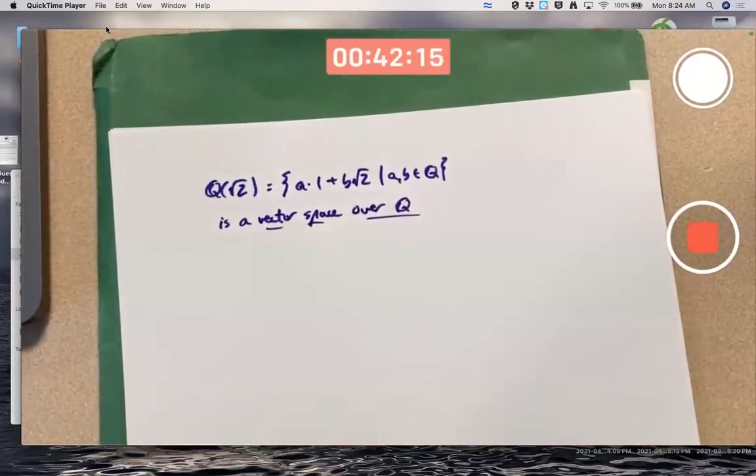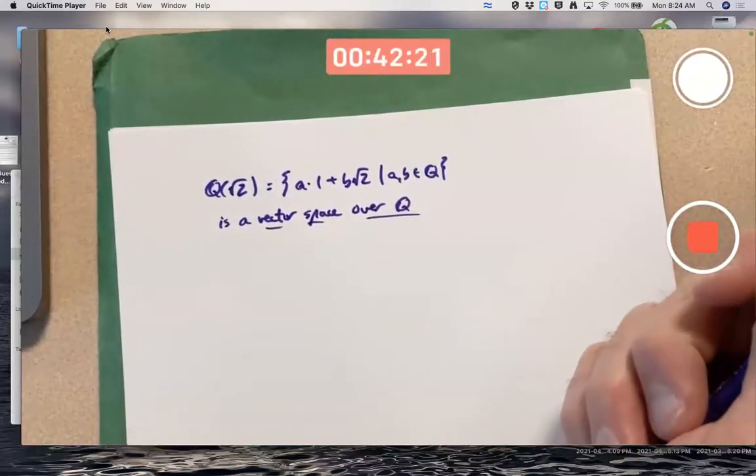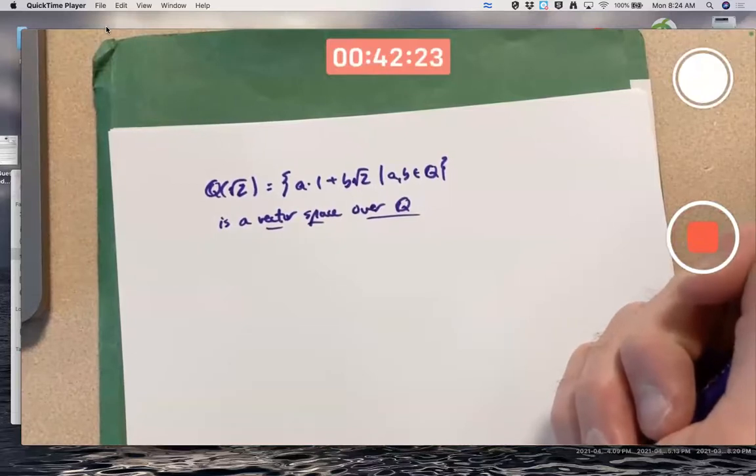What does that mean? Again, it means its elements can be thought of as vectors in the sense that you can add them.